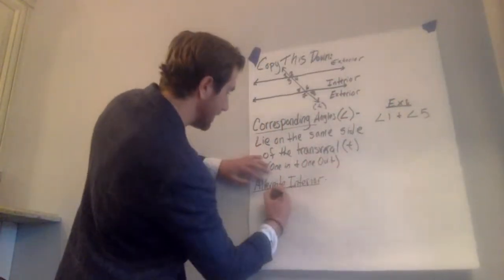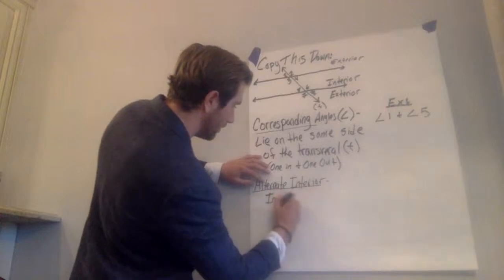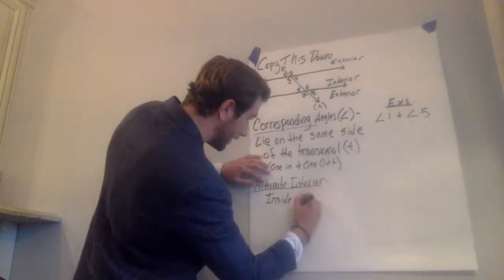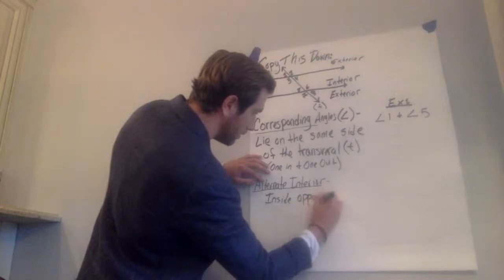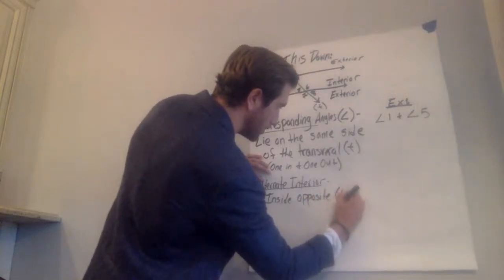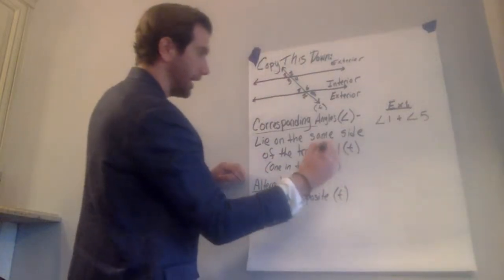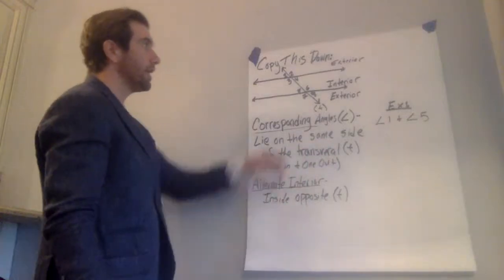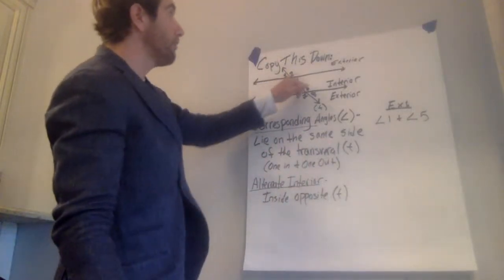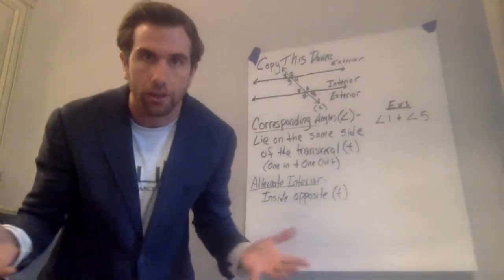So, inside, opposite T. What's T, guys? Transversal, okay? What's the example? Inside, it can only be between 3, 4, 5, 6. Those are the only angles on the inside.